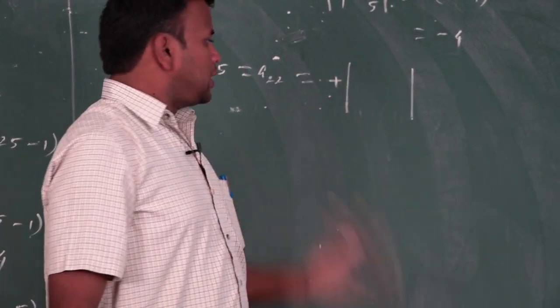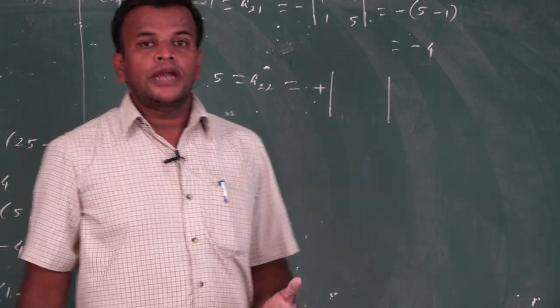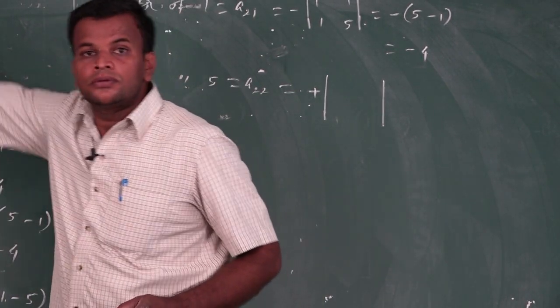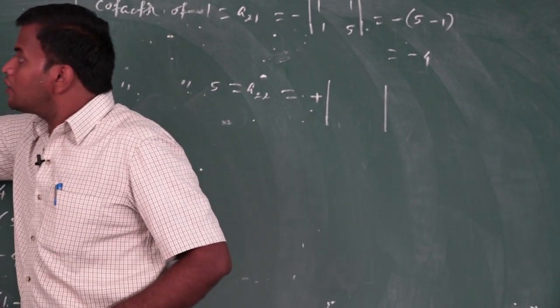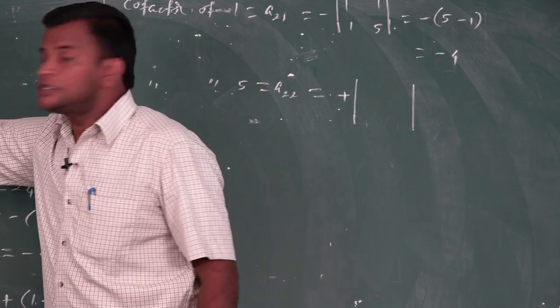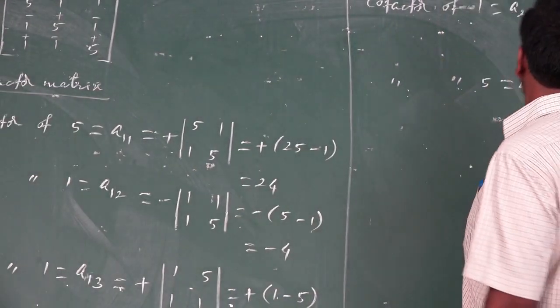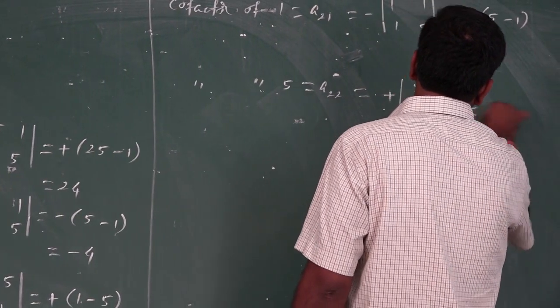So plus. Same rule, we leave the row and column of the number 5. The number 5 occurs in the second row, second column. So we leave the second row and second column. What are the remaining elements? 5, 1, 1, 5.